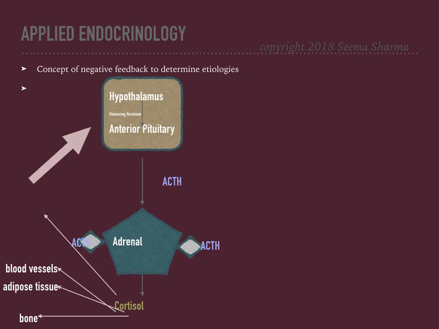And the real take-home point here is that excess cortisol, if in the system, has a negative effect on how the hypothalamus secretes the releasing hormone, as well as how the anterior pituitary secretes ACTH. So this is what we call a negative feedback loop.